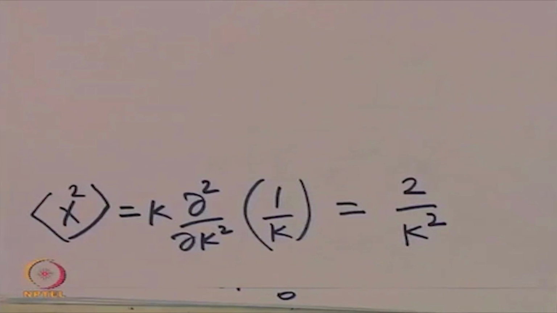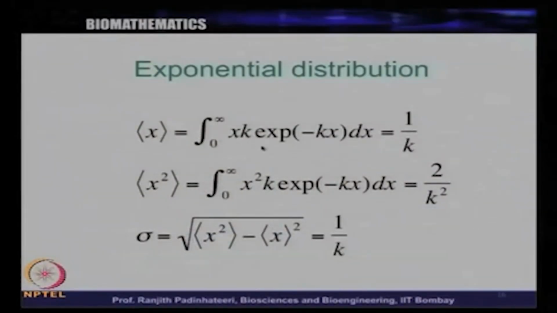So, what do we get? We get x average is equal to 1 over k, x square average is 2 over k square, and now we can calculate the standard deviation. The standard deviation sigma is equal to square root of x square average minus x average square, which is 1 over k.